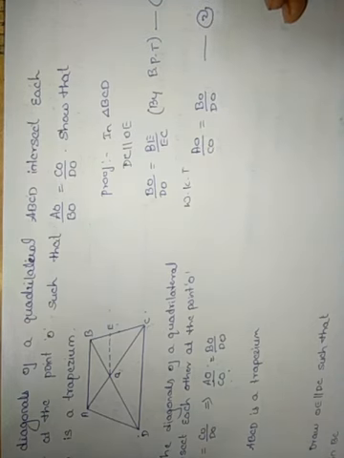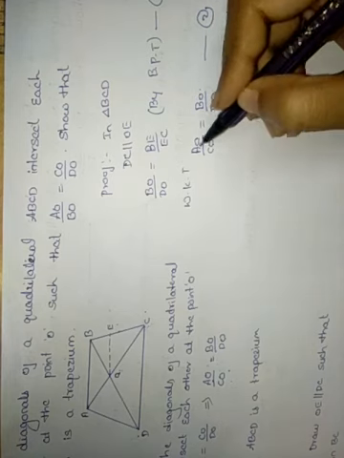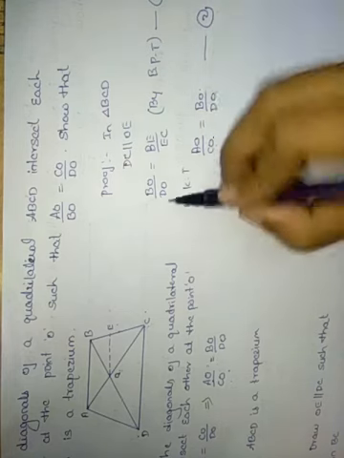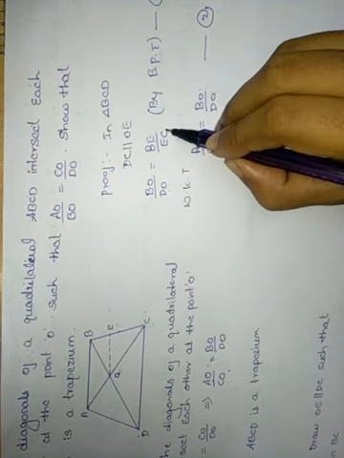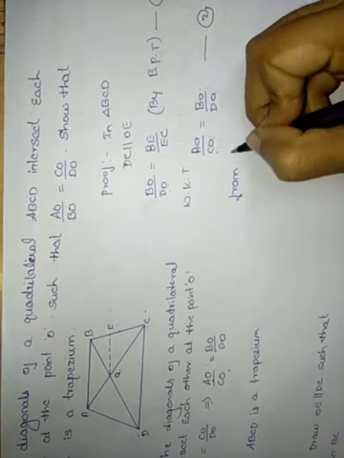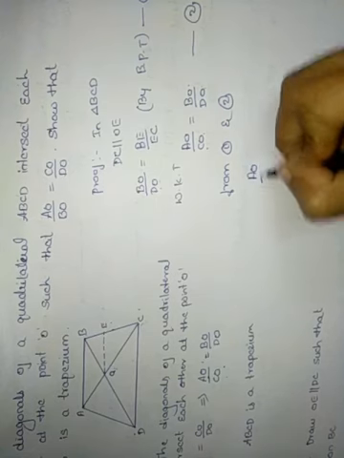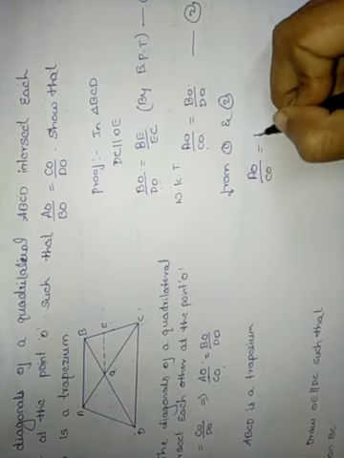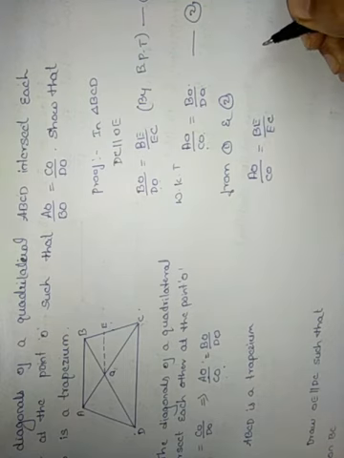From 1 and 2, you can observe that BO divided by DO is equal to AO divided by CO, and here also BO divided by DO is equal to BE divided by EC. From 1 and 2, we can say that AO divided by CO is equal to BE divided by EC, right?